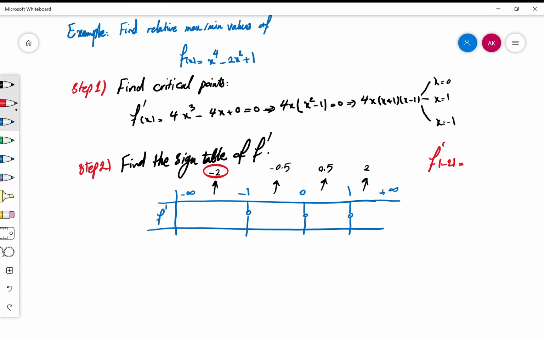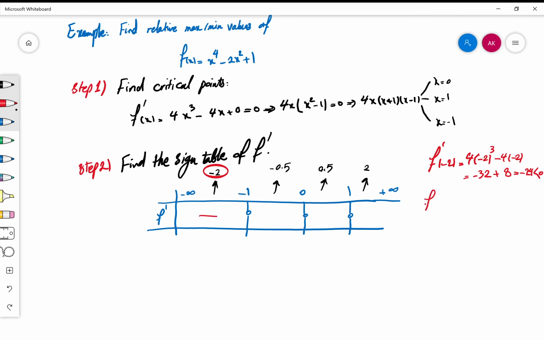So f prime of negative 2 is 4 times negative 2 to the power 3 minus 4 times negative 2. And that gives us negative 8 times 4 is negative 32 plus 8, which is negative 24. So it is a negative number. That's what we need to know.